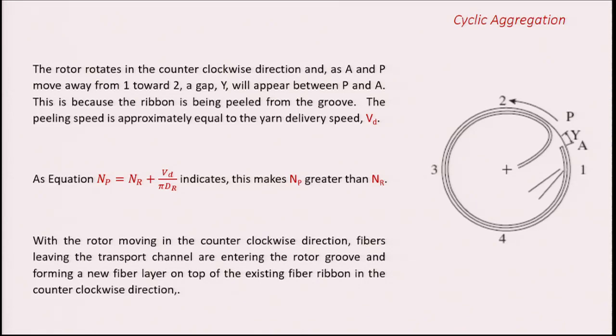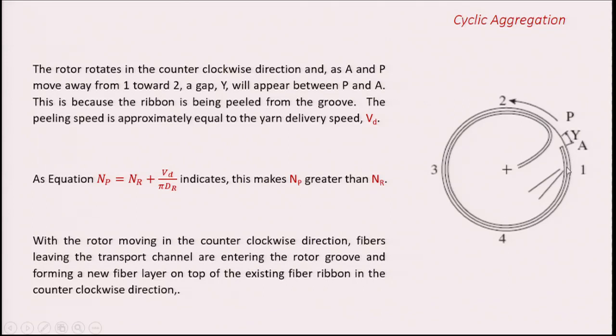As the rotor is moving in the counterclockwise direction, the fibers leaving the transport channel are going to be entering into the groove. They will be depositing the fibers on top of the already existing layer, which is shown here. After the gap, the fibers will be deposited starting from the point when it leaves location 1, because the fiber deposition happens always irrespective of the rotation of the rotor.